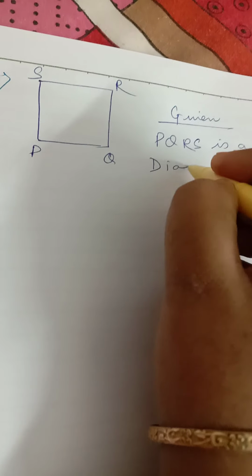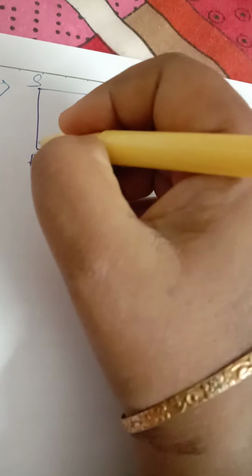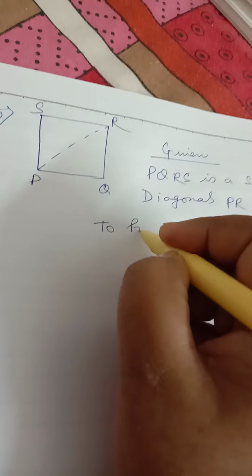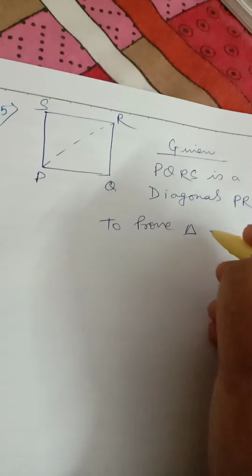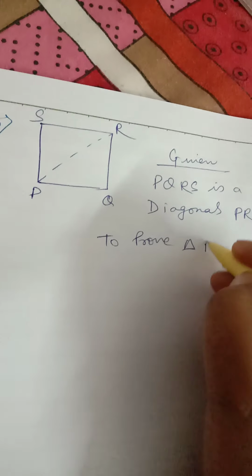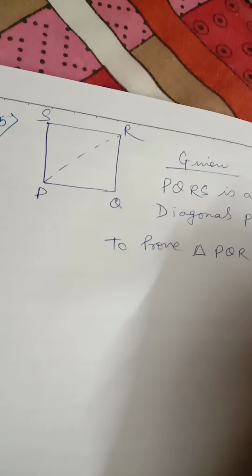Diagonal PR joined. To prove: triangle PQR is congruent to triangle PSR.